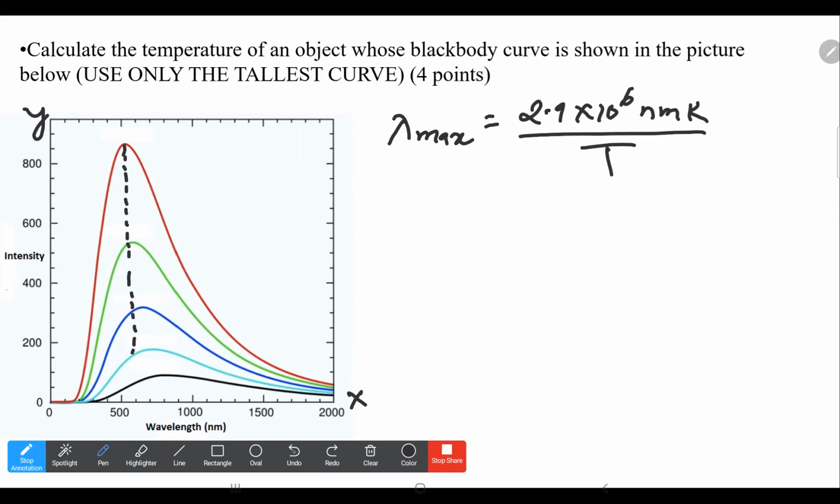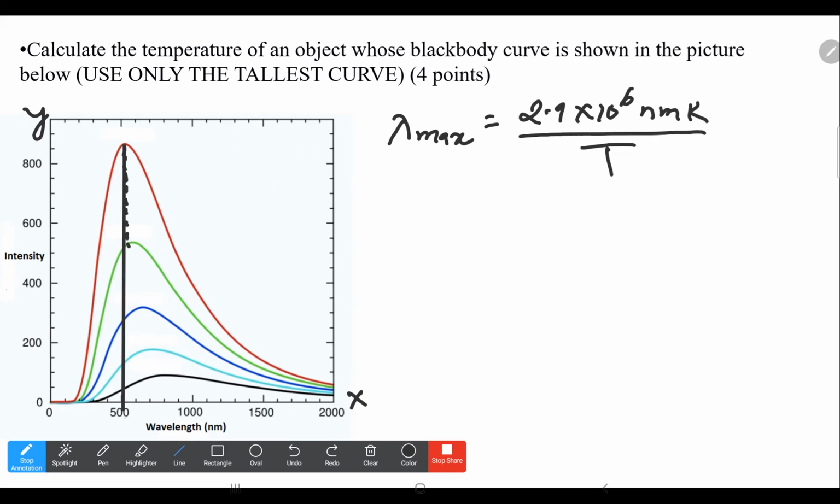Let me erase this one. Just wait a minute. I will draw a line like this, right?